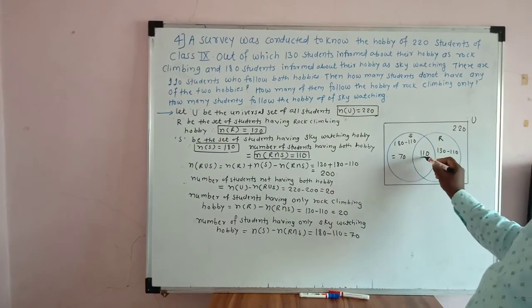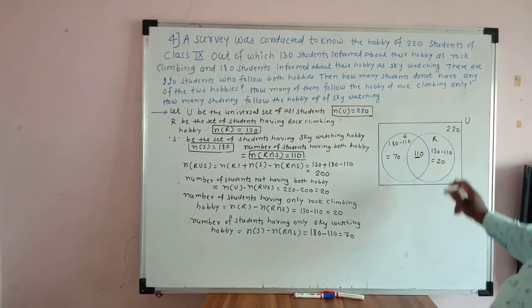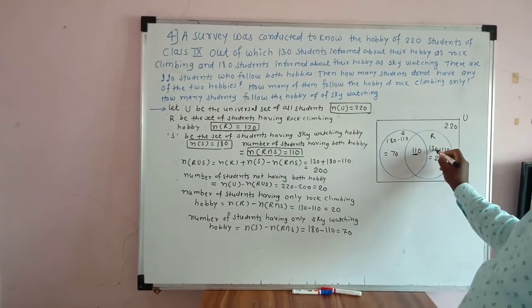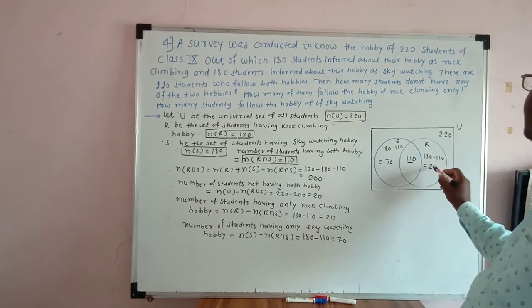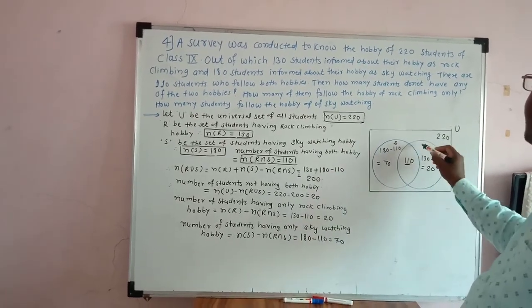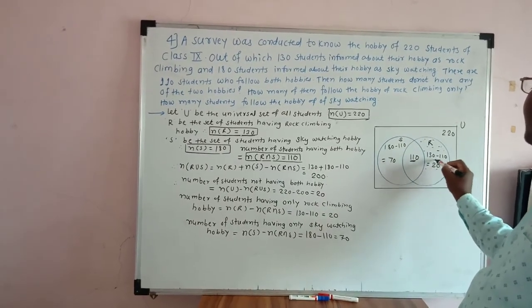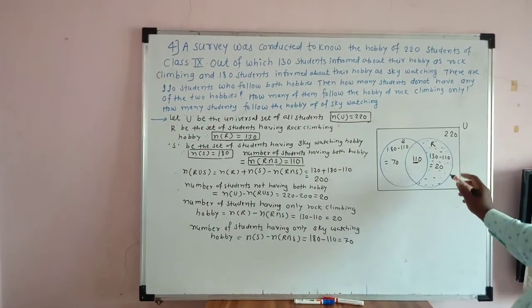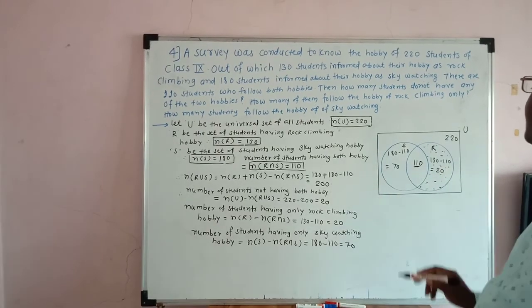Now the number of students having both the hobbies is 110, and the number of students having the rock climbing hobby is 130. 130 minus this 110 is equal to 20. Therefore this part of the Venn diagram shows the number of students having only the rock climbing hobby, and that is 20.